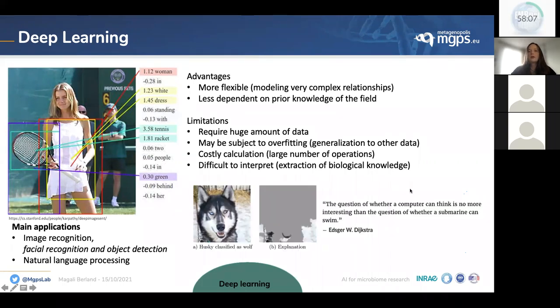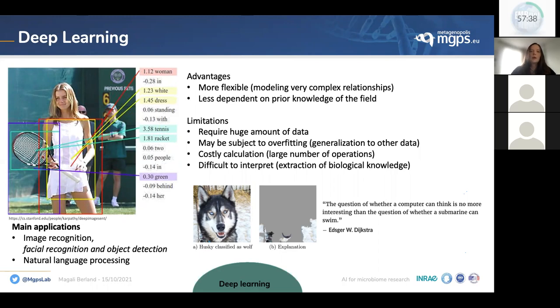So I'm going to illustrate this with a very classical example. It's about a deep learning algorithm that classifies animals as dog or wolf from pictures. The algorithm was very accurate, but for some dogs, the algorithm was wrong, and especially the huskies were often classified as wolves.